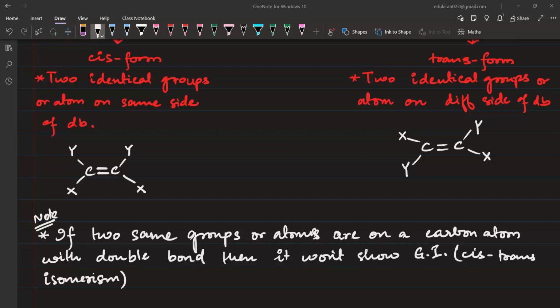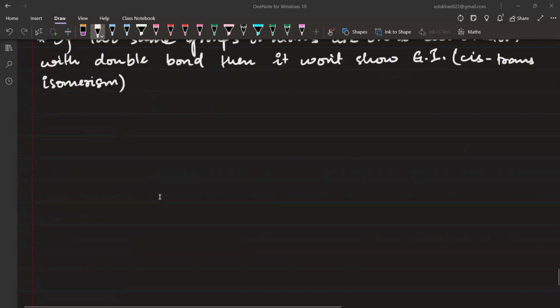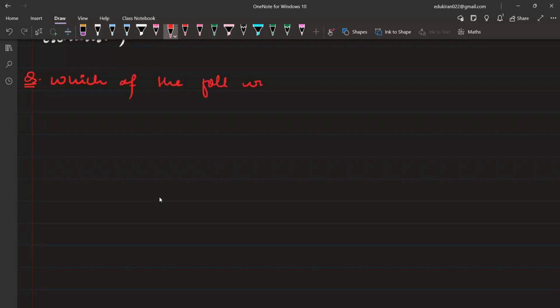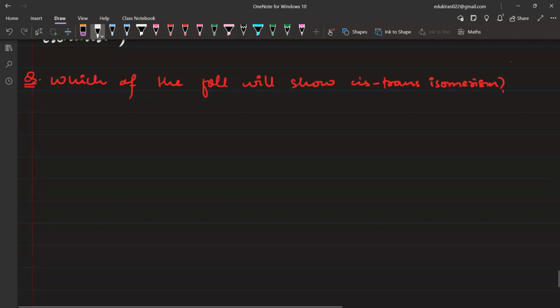Okay. See, same question. Which of the following will show geometrical isomers or cis-trans isomers? Okay, pay attention.